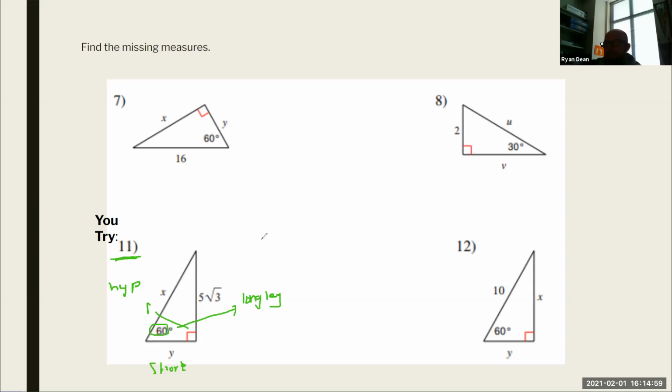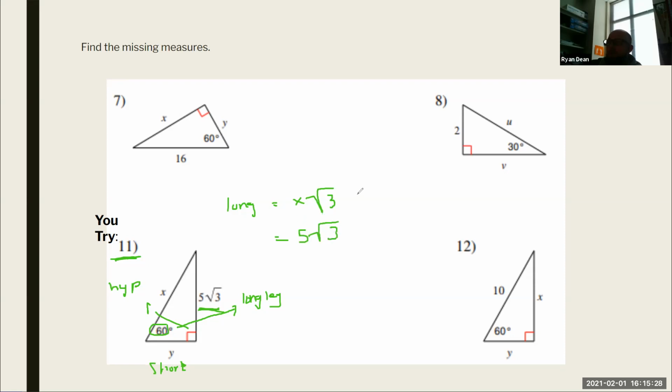Now, looking at this picture, what's given to me here is the long leg. So my formula for the long leg is x times the square root of 3. Now we know that the long leg is equal to 5 times the square root of 3.